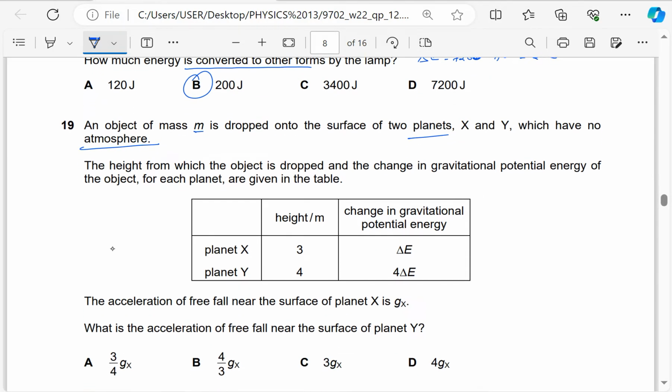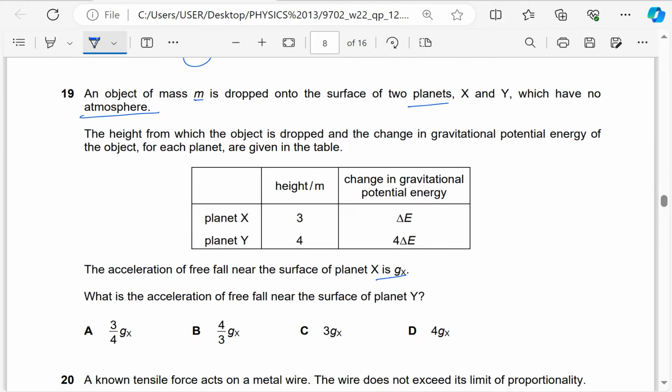Acceleration of free fall near the surface of planet X is gx. What is the acceleration of free fall near the surface of planet Y? Let me call this one gy. So the change in potential energy is equal to mg times change in height h.